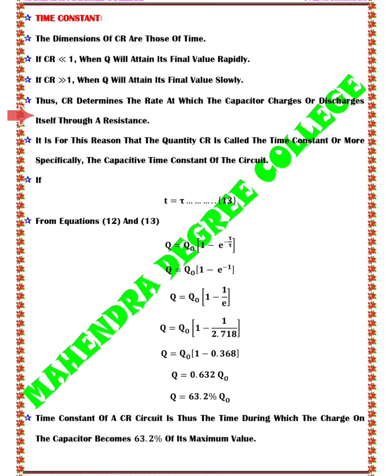It is for this reason that the quantity CR is called the time constant, or more appropriately, the capacitive time constant of the circuit.